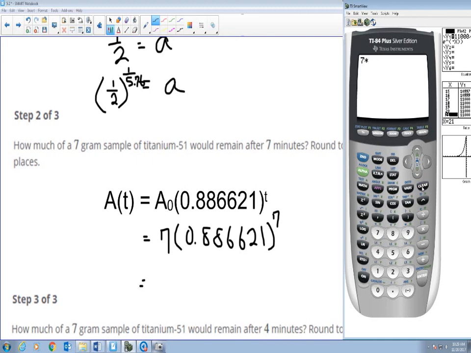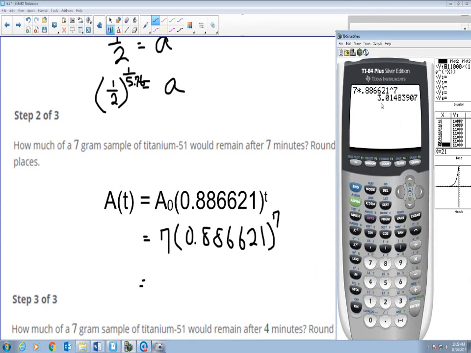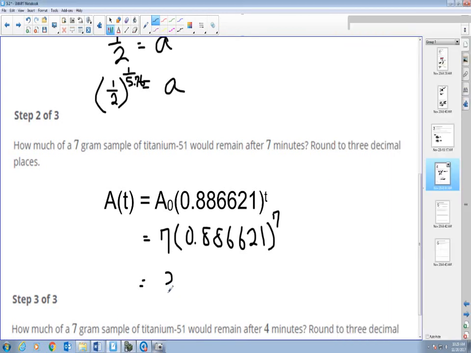Seven times 0.886621, oops, sorry, raised to the 7 power. How much is left? Round to 3 decimal places. 3.015 grams.